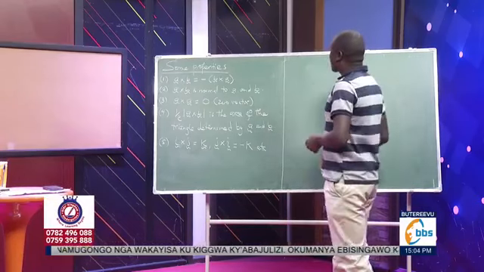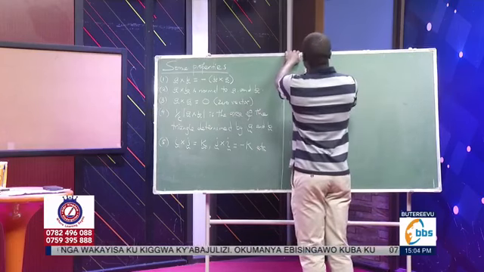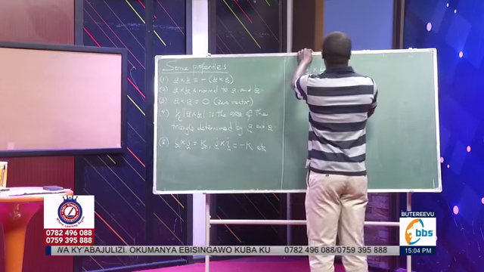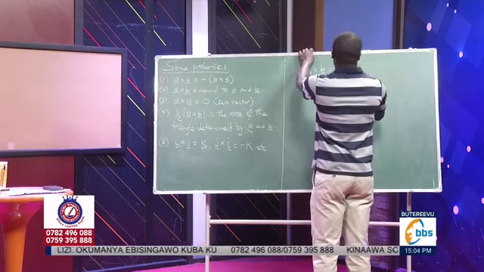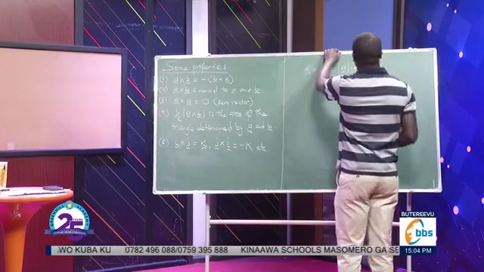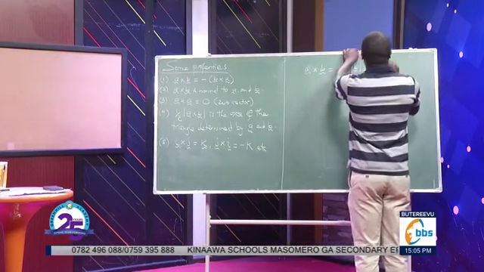We had defined the cross product of two vectors, A cross B, as the vector: magnitude of A times magnitude of B times the sine of theta, and then times n cap.